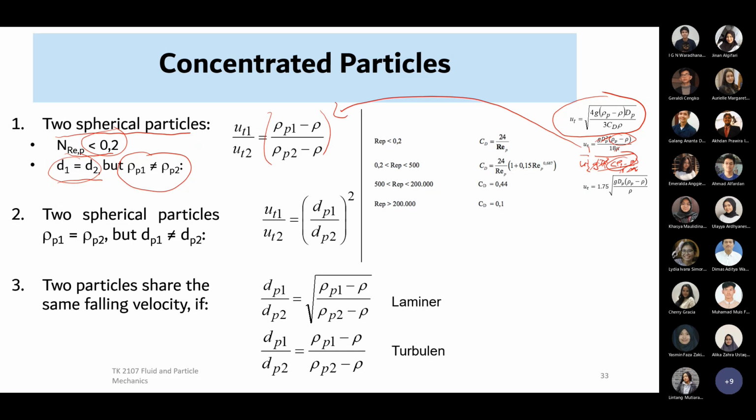But if you have two spherical particles where the density is the same but the diameter is different, now you end up with the same ratio, but don't forget the square, because d is squared over here.